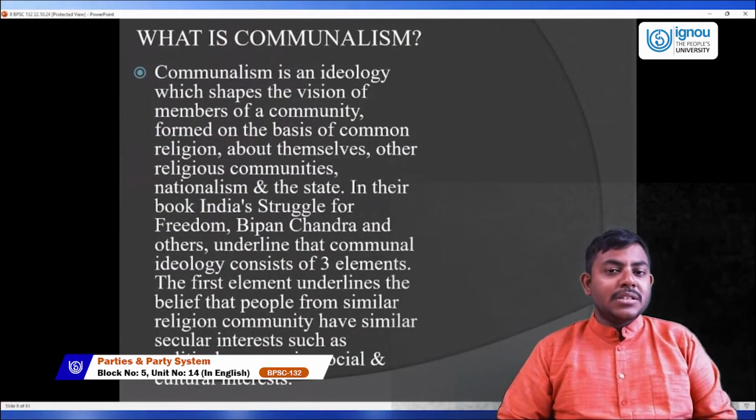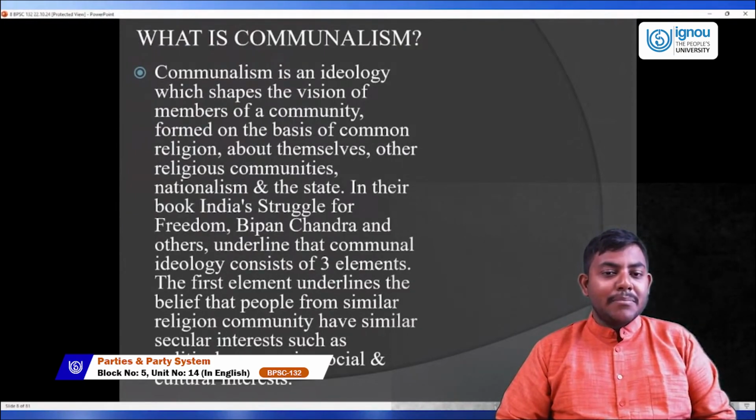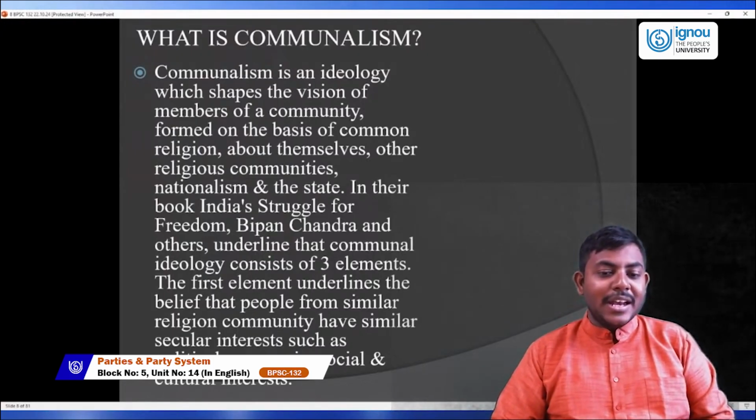Now, what is communalism? Communalism is an ideology which shapes the vision of members of a community formed on the basis of common religion about themselves, other religious communities, nationalism, and the state. In their book, India's Struggle for Freedom, Bipan Chandra and others underline that communal ideology consists of three elements.